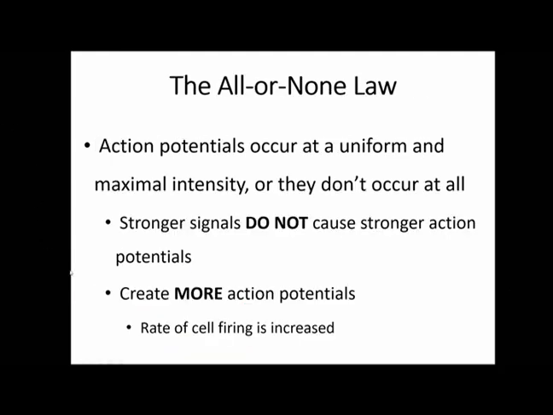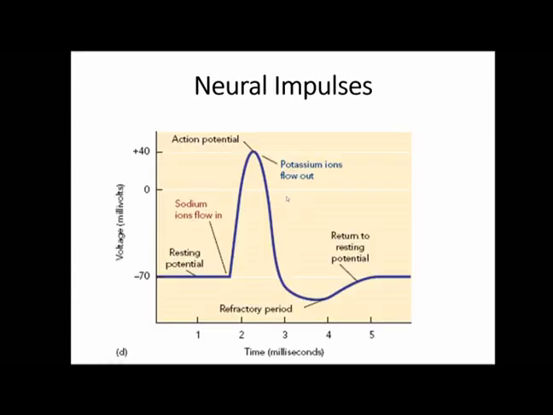For another rule, we can talk about the all or none law. This law states that action potentials, that electrical firing, will occur at a uniform and maximal intensity, or they don't occur at all. What that means is that this graph, showing the change from -70 to +40 and then back to -70, is going to happen every single time.